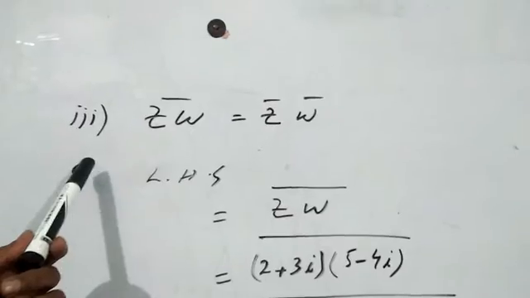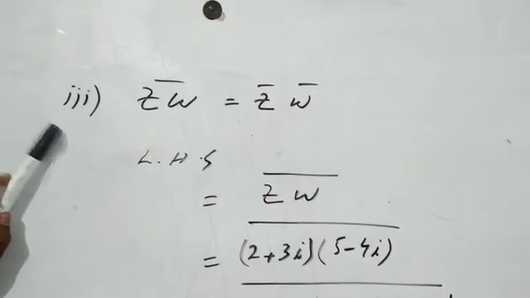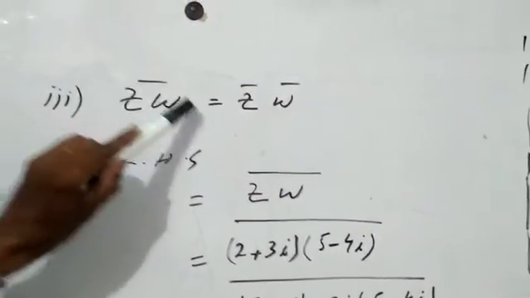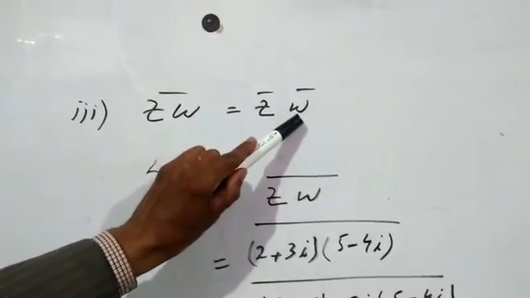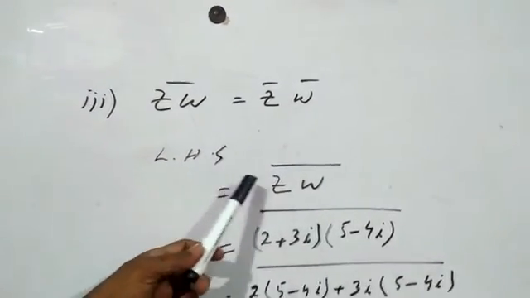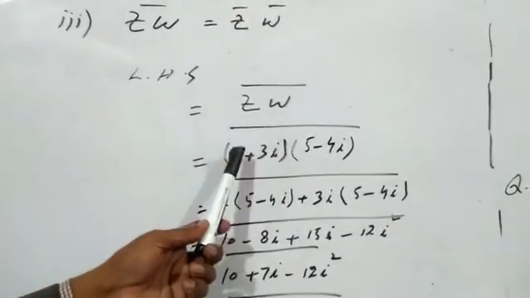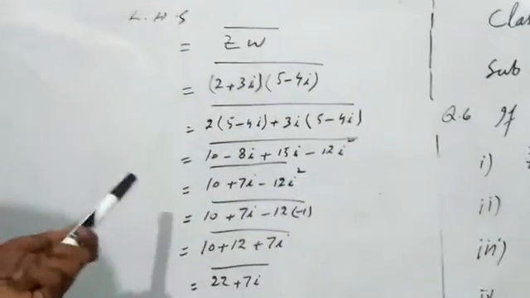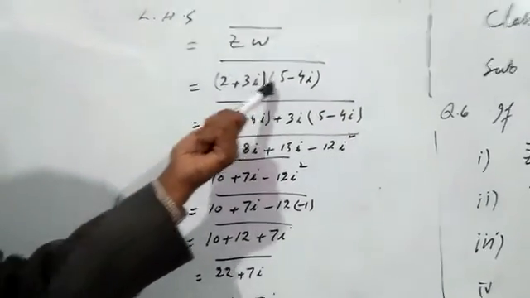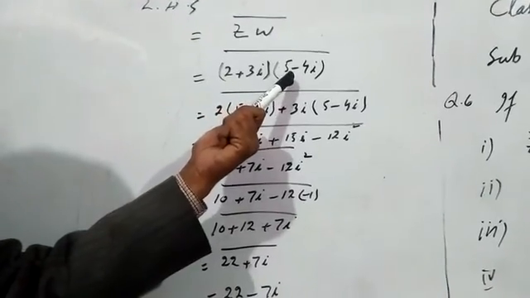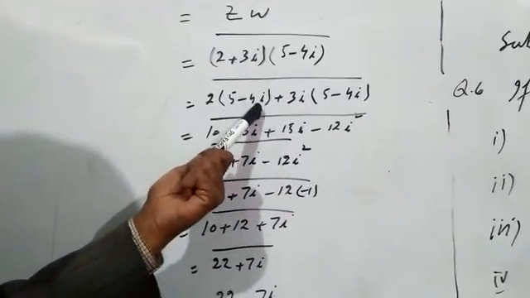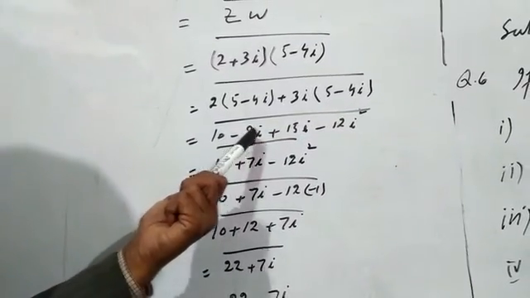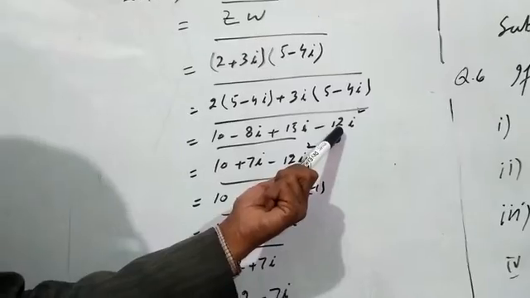In part 3, the result is z w whole conjugate is equal to z conjugate into w conjugate. We take the left hand side, z into w whole conjugate. Putting the values of z and w, 2 plus 3 iota times 5 minus 4 iota whole conjugate. This is the product of two complex numbers. 2 into 5 minus 4 iota plus 3 iota into 5 minus 4 iota. 2 5s are 10, 2 4s are 8, 3 5s are 15 and 3 4s are 12.